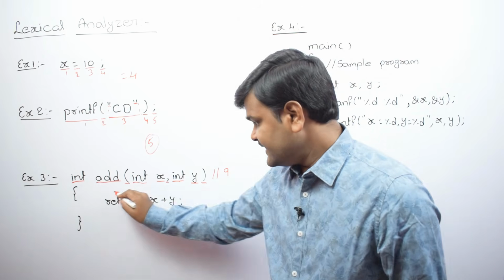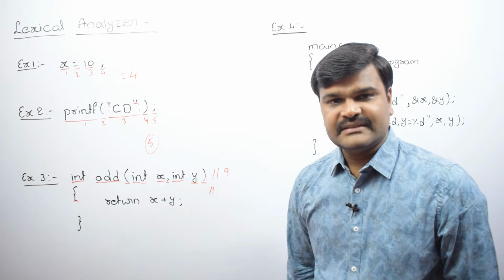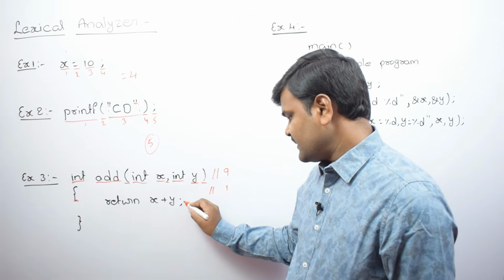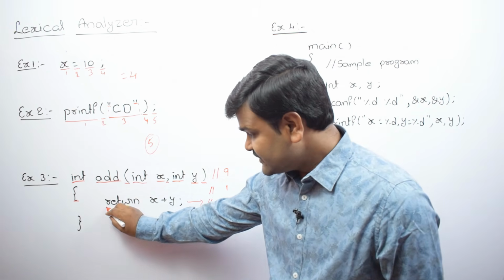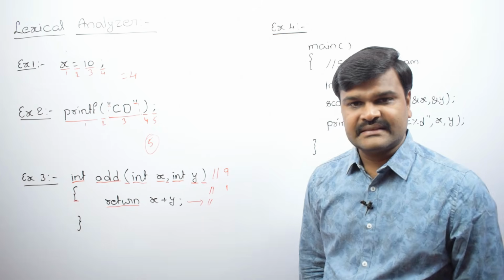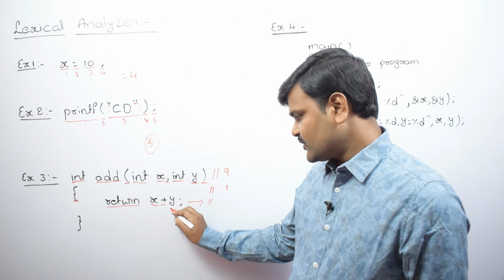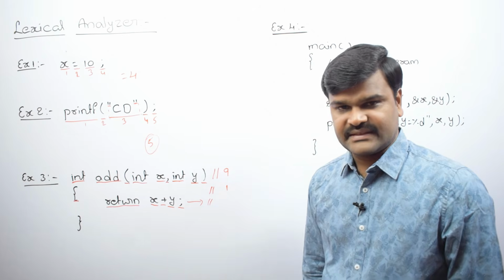Then in this line, how many tokens are there? Only one, that is the curly open brace, so that is one token. Now, if you come to this line, how many tokens are there? This is one token, return. Then next x is one token, the operator is one token, plus y is one token, an identifier, and this is the punctuator.